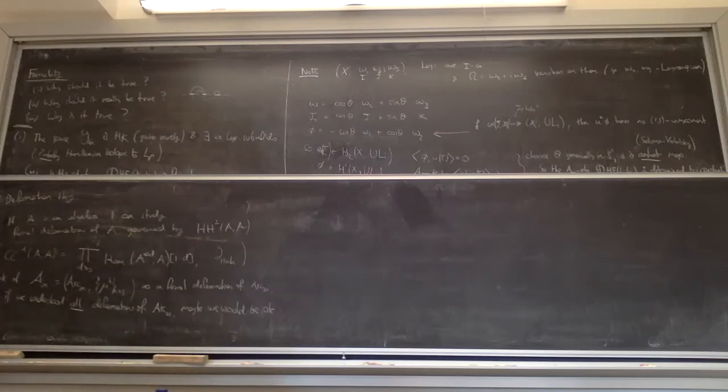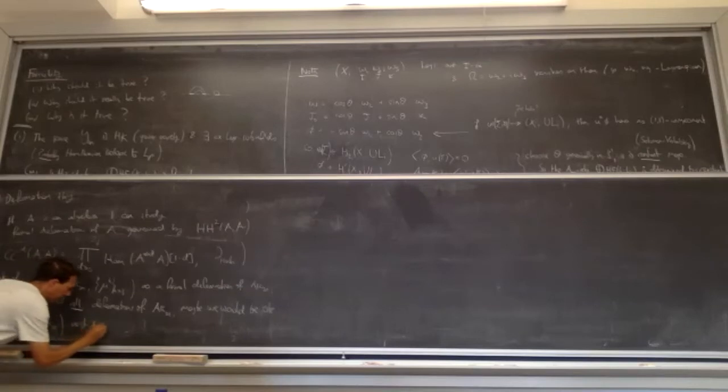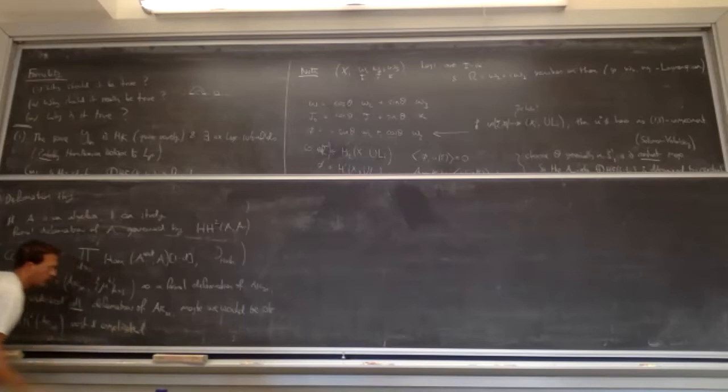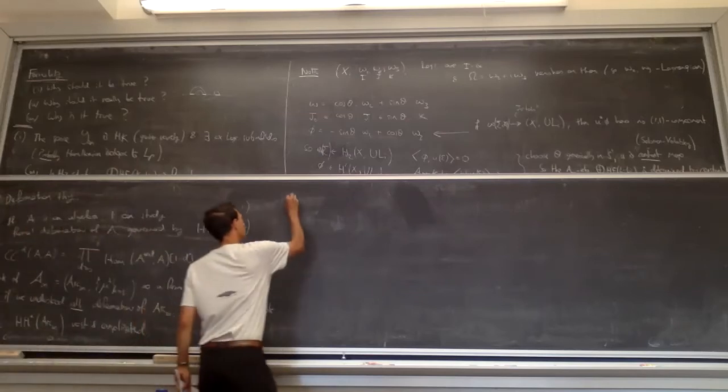But there's a problem, which is that we don't. People have some understanding of the Hochschild cohomology of the arc algebra, and it's vast and complicated. But we haven't actually used all the structure available to us.